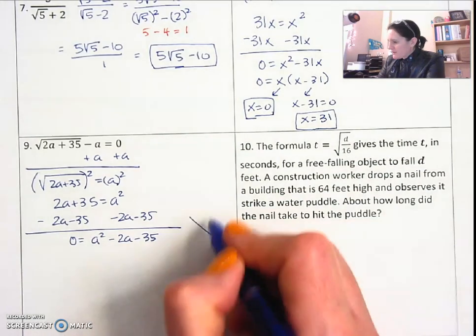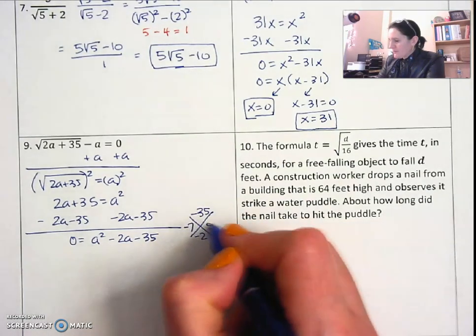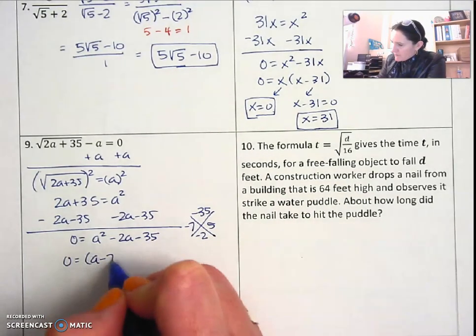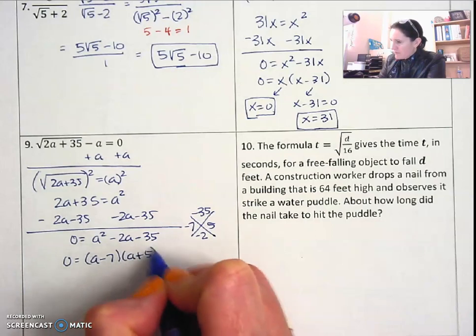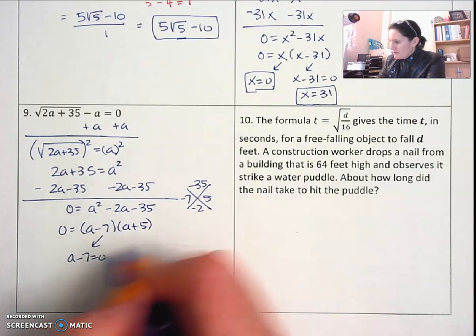You're going to factor what multiplies to negative 35 and adds to negative 2, and it's negative 7, positive 5. Set them equal to 0 and solve.